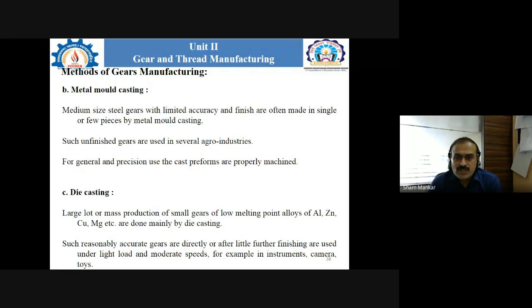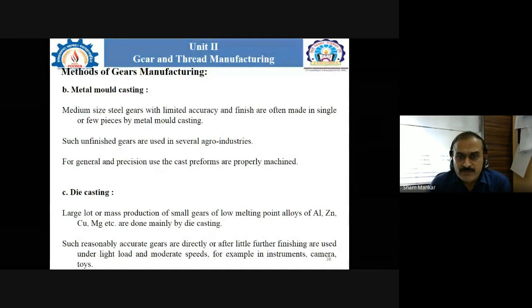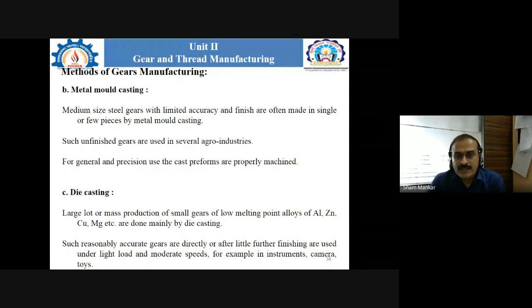As we know, in the die casting process, the die is divided into two halves, and with the help of a piston or plunger cylinder arrangement, we inject the liquid molten metal into the shape of the die cavity.